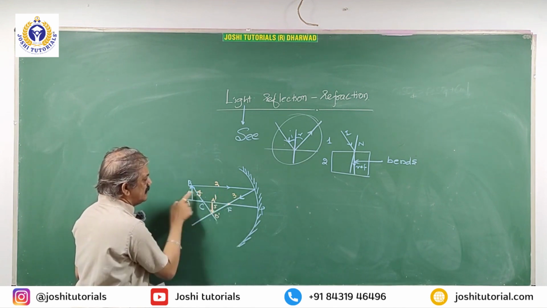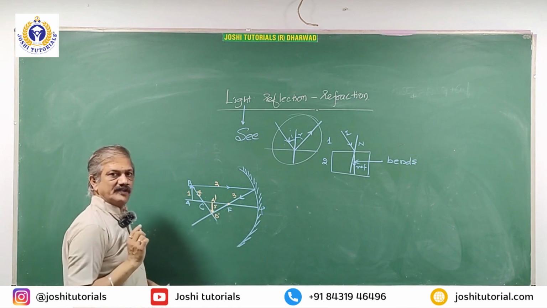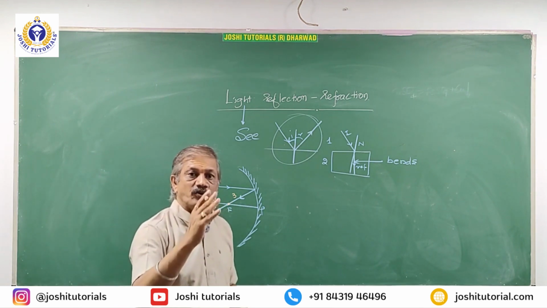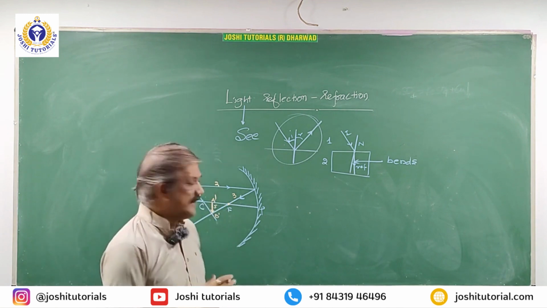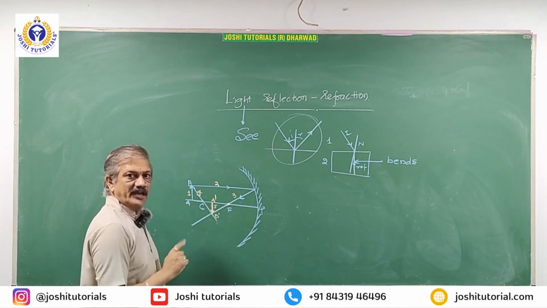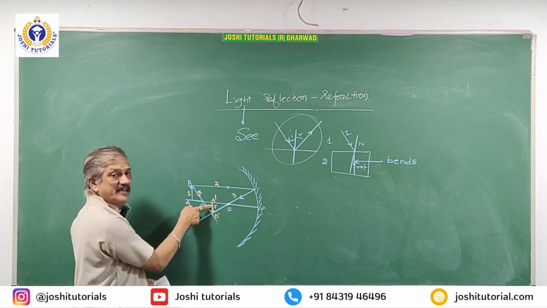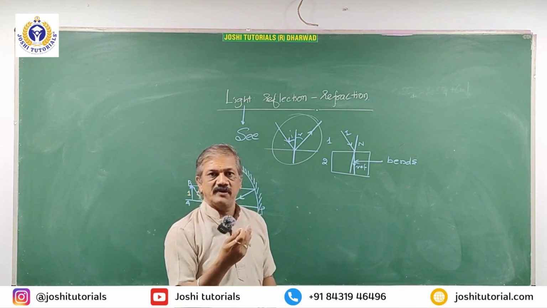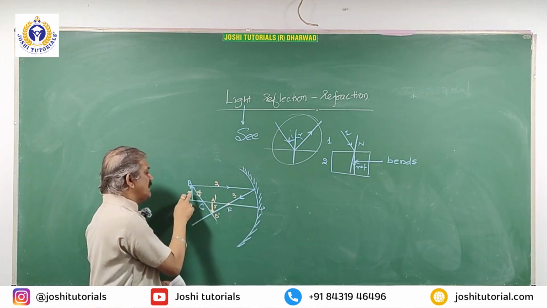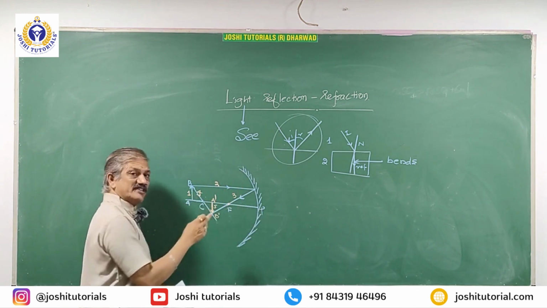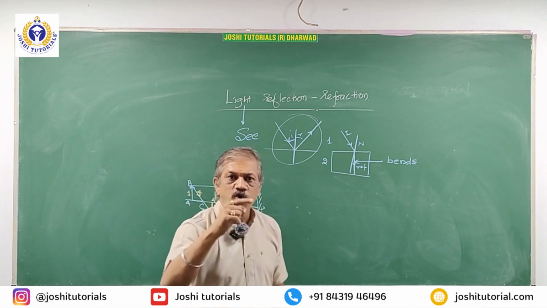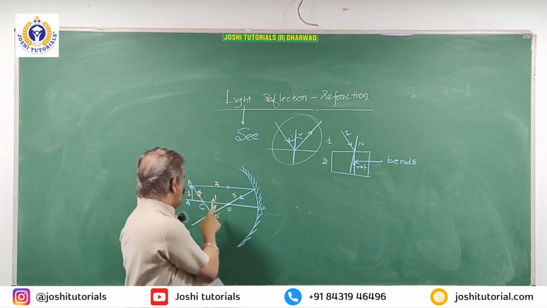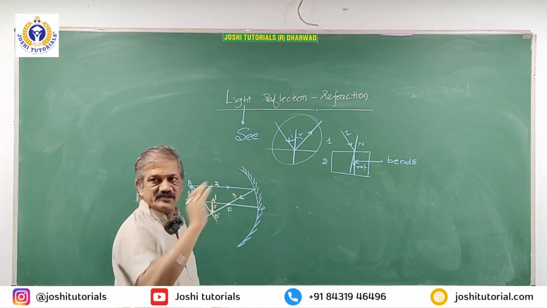First, second, third, fourth, fifth. If the intersecting line is above this principal axis, it is virtual. If the size of this image is less than this, use the word diminished. If the size of the image is more than the object, you call it enlarged. Or if both are the same size.